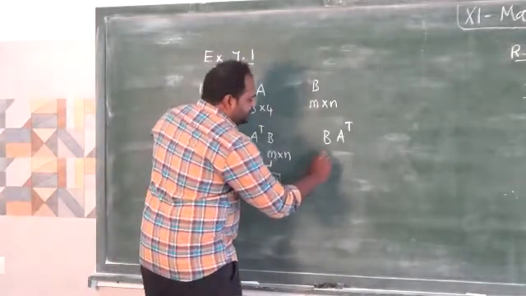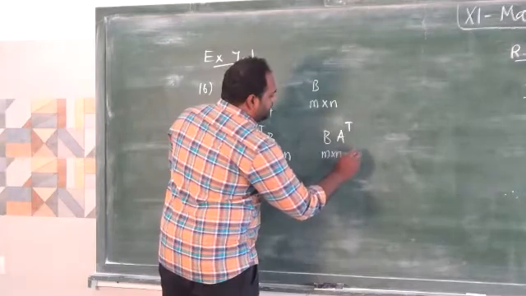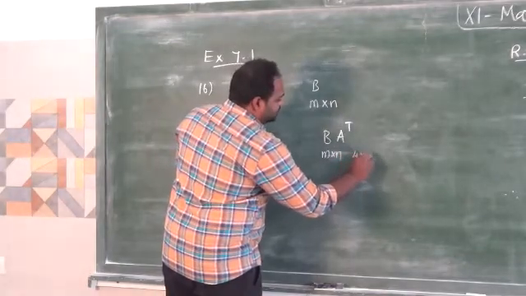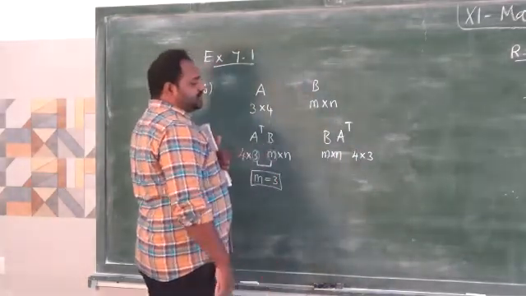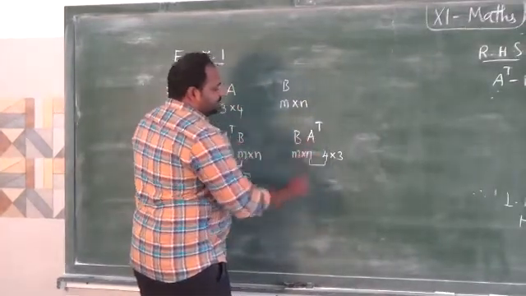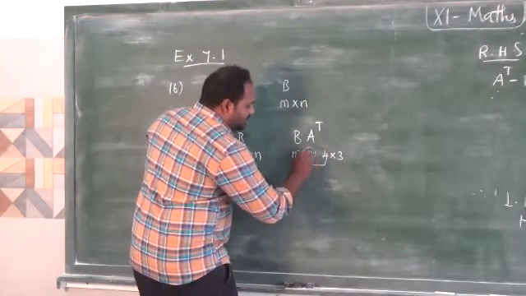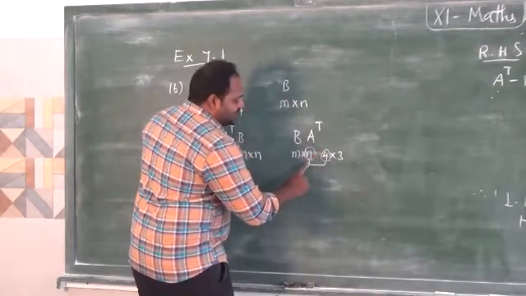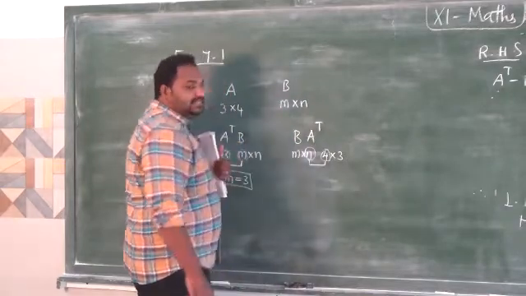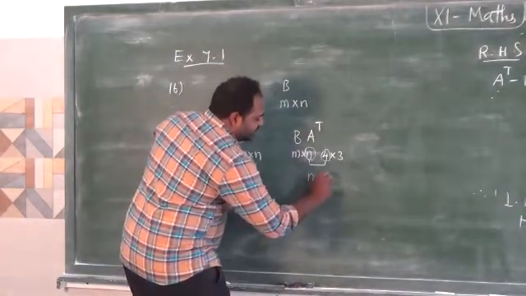Next, we know that m cross n, and here A transpose is 4 cross 3. A transpose is defined, so these two values are equal. This n order and this order are always equal. So by this we can find that n value is 4.